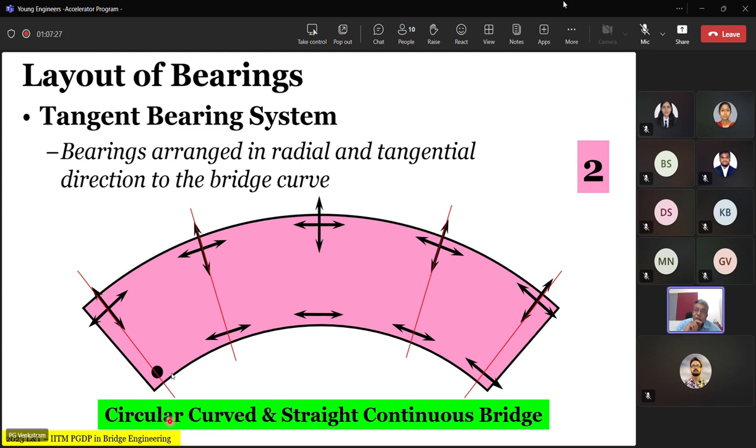Okay, so when thermal is important, you say polar is better. So when is tangential better? Never. That I don't know. Okay, Shreya?